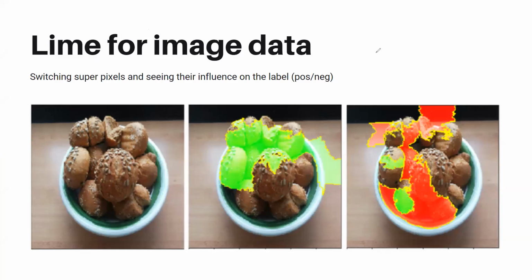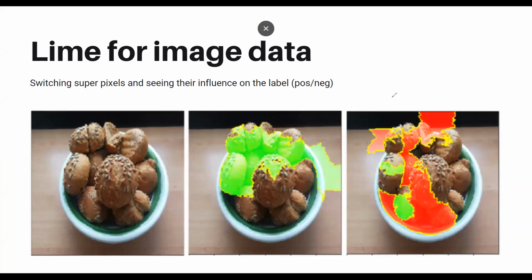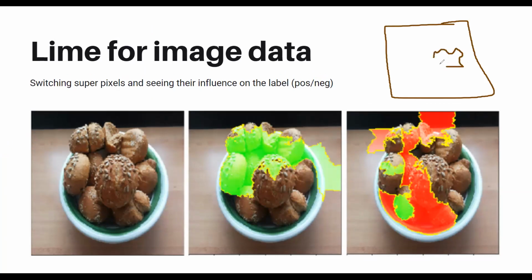Now, if a doctor comes and sees that the model is focusing on this area to make the prediction that this is cancer, the doctor would look at this place. If he can find cancer here, he tells you the model is doing a good job. If he cannot find the cancer here, he completely ignores the predictions of the model.